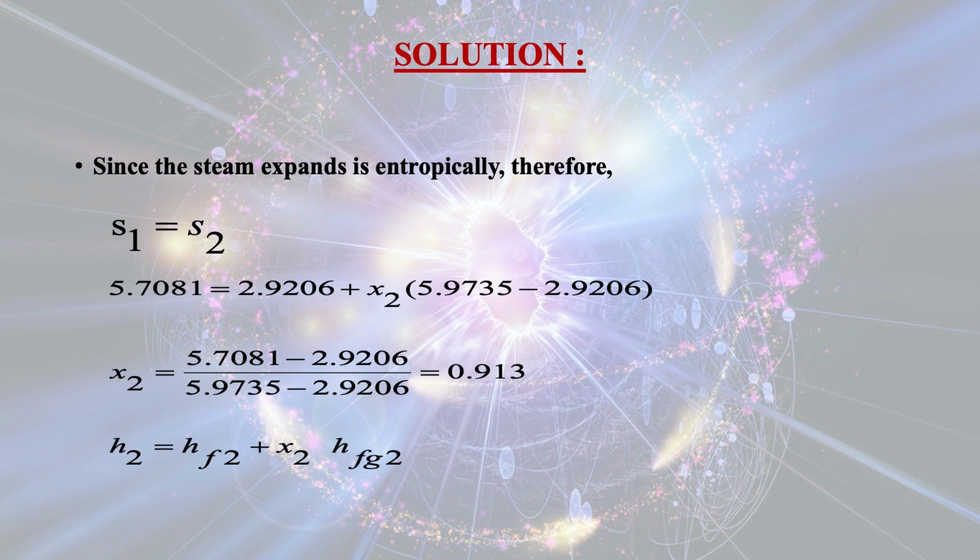This value we can get from the steam table, and S2 we can write as 2.9206, that is entropy for the state 2, plus X2 multiplied by 5.9735 minus 2.9206, and calculate X2, that X2 is the quality of steam at state 2.